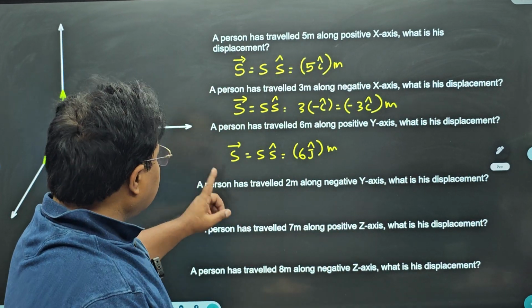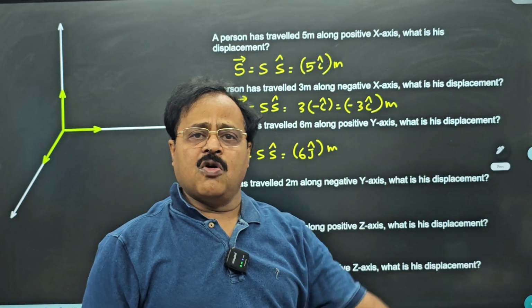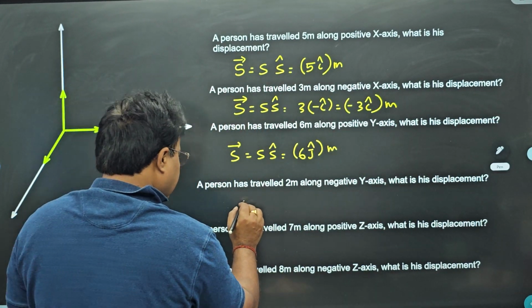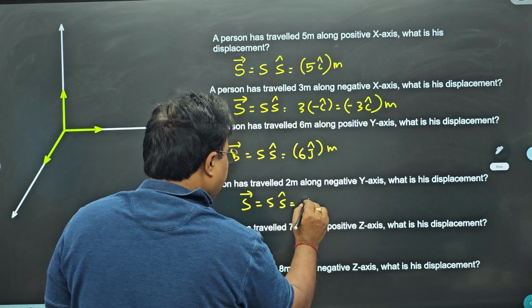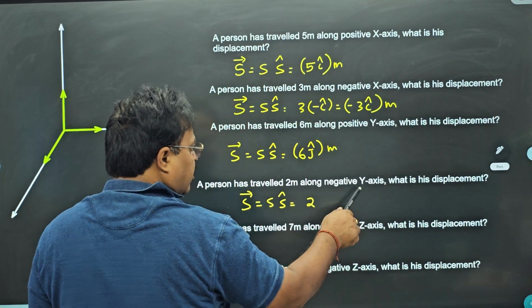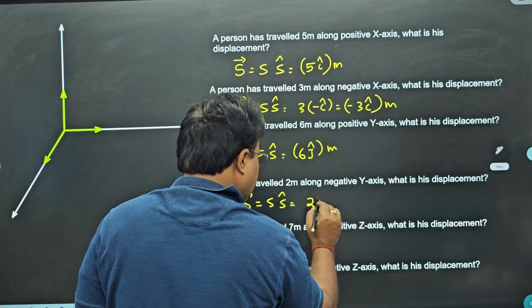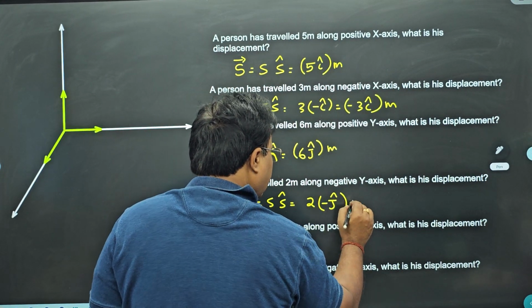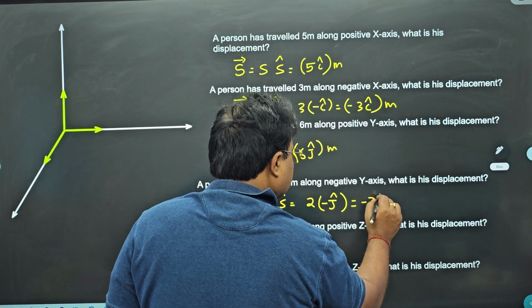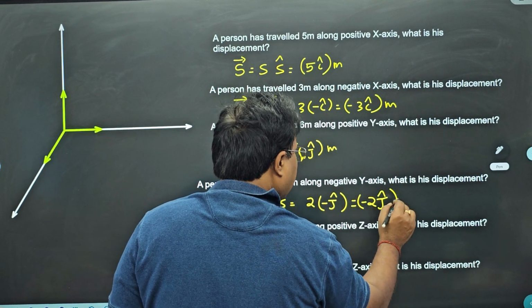Similarly, a person has traveled 2 meter along negative y-axis. Here the magnitude is 2 meter, and as the person is going along the negative direction of y-axis, the unit vector is minus j cap. So this becomes minus 2 j cap meter.